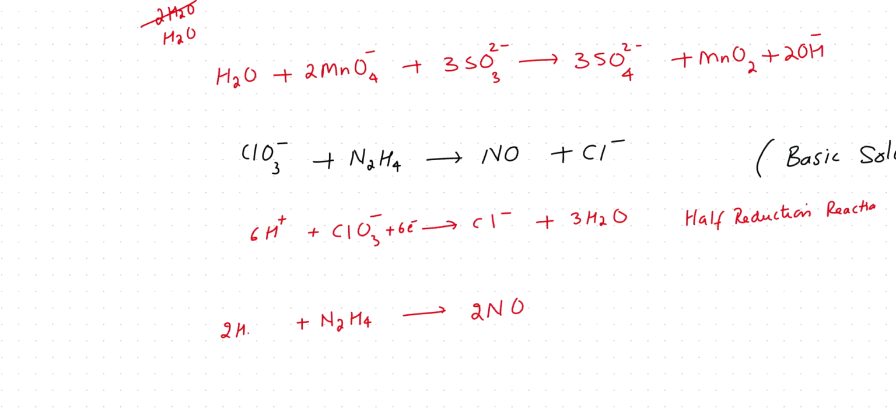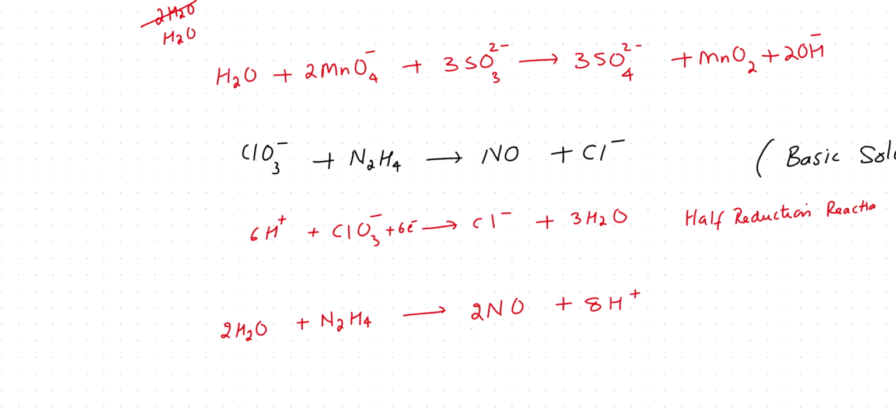Now we have 2 oxygens, 2 oxygens, but how many hydrogens do we have here? 4 and 4. 8 hydrogens we have on the left side. So we add 8H+. So now all the atoms are balanced: 8 hydrogens, 8 hydrogens, 2 nitrogen, 2 nitrogen, 2 oxygens, 2 oxygens.